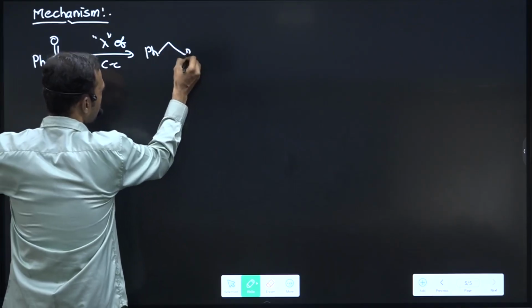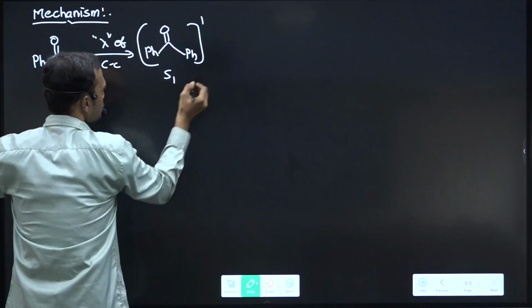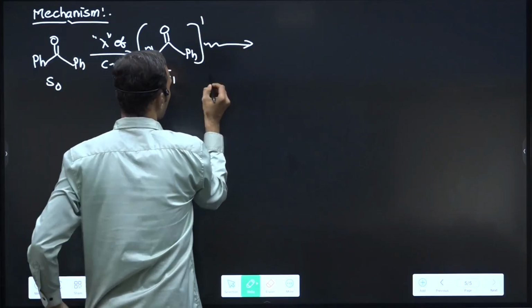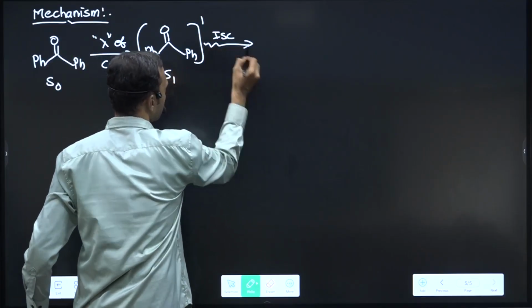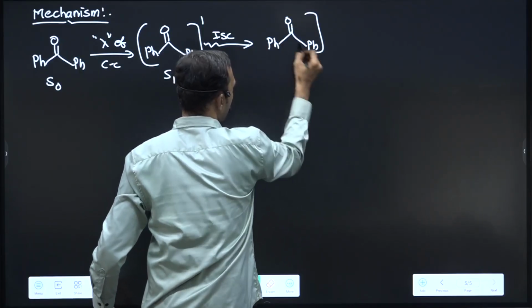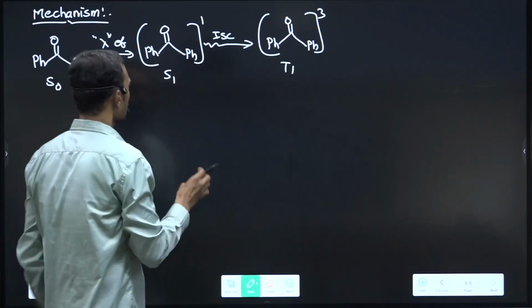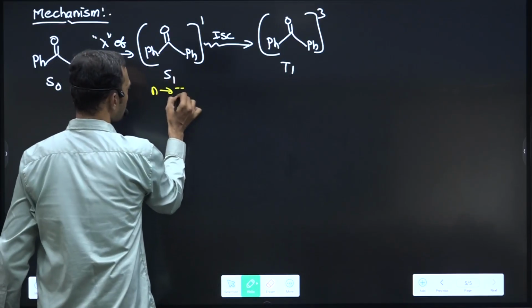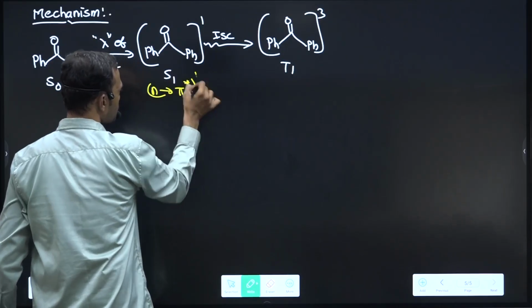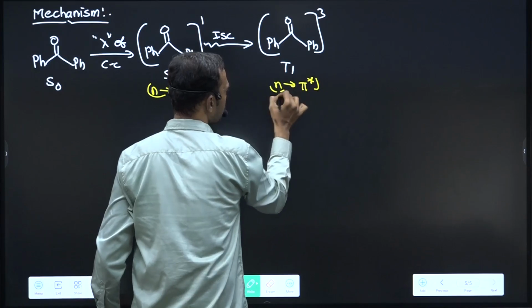This benzophenone is excited. Initially it reaches singlet, followed by ISC, intersystem crossing. It reaches triplet, this is T1. So what kind of singlet? It is n to pi star singlet, followed by n to pi star triplet.